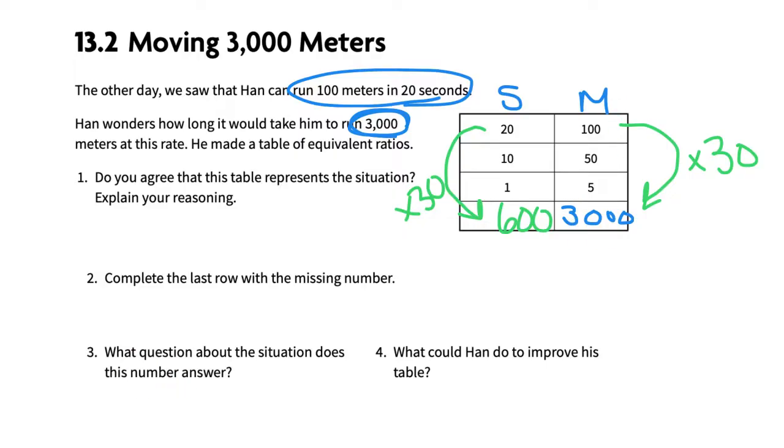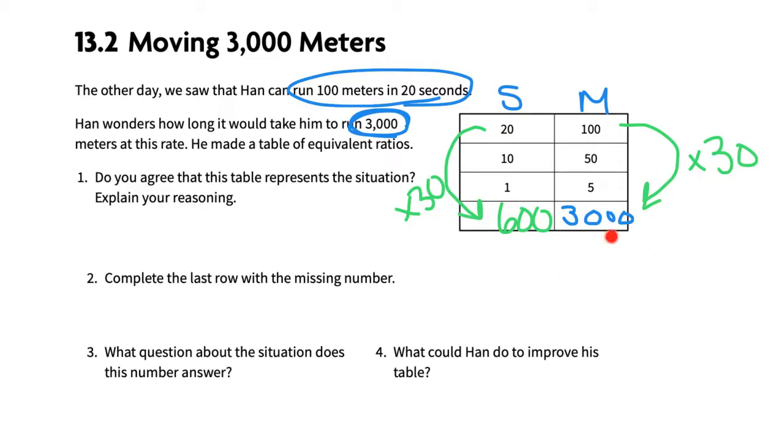So what question about the situation does this number answer? Because I switched it, I now know that it's 600 seconds to run 3,000 meters. Now, prior to me switching it, when the 3,000 was on the seconds side, if I just left the 3,000, I would be finding how many meters would Han run in 3,000 seconds.